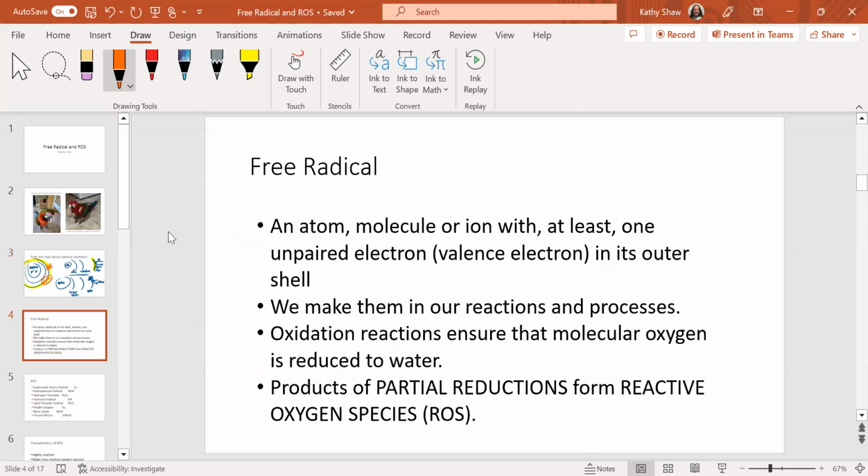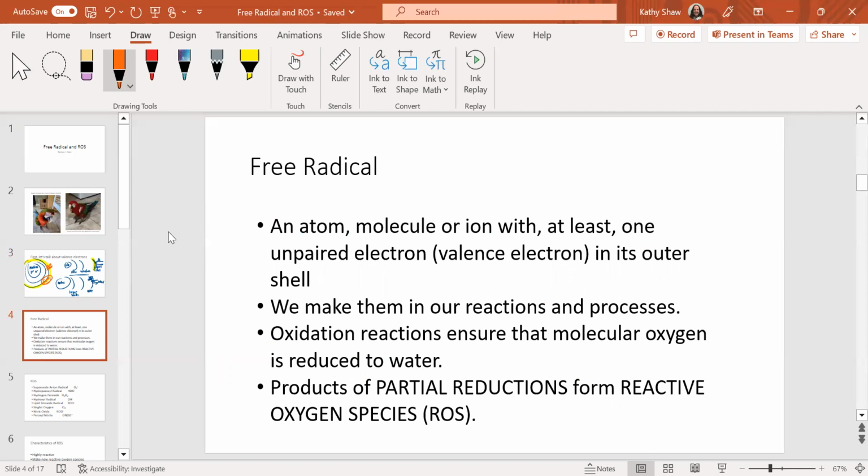Okay, so what we're going to talk about is free radicals first. A free radical is an atom, molecule, ion, whichever, with at least one unpaired valence electron in its outer shell. We make them in so many things that we do.